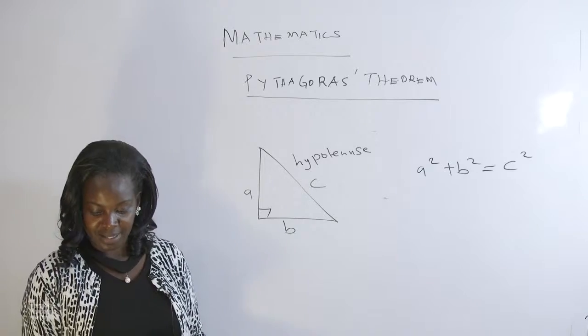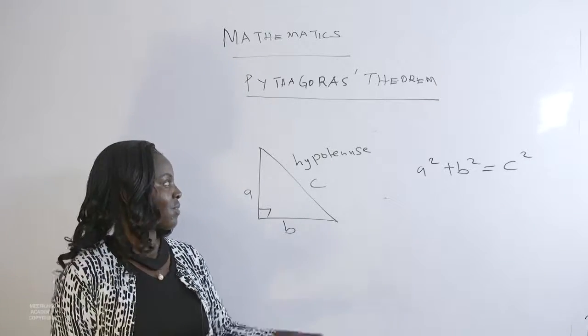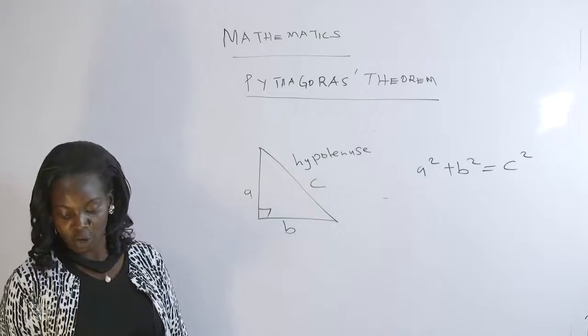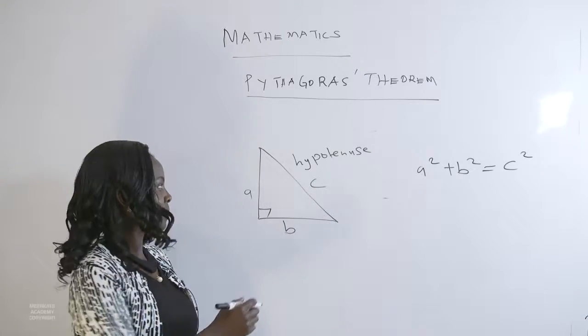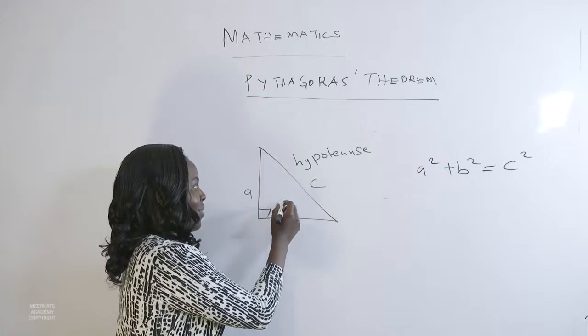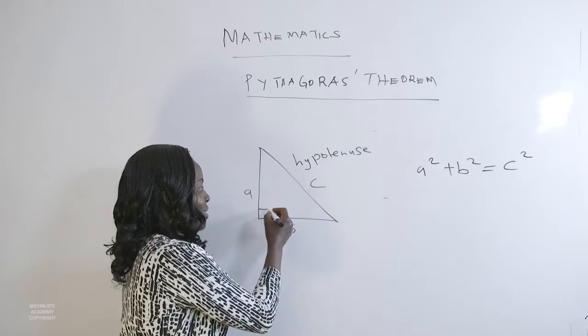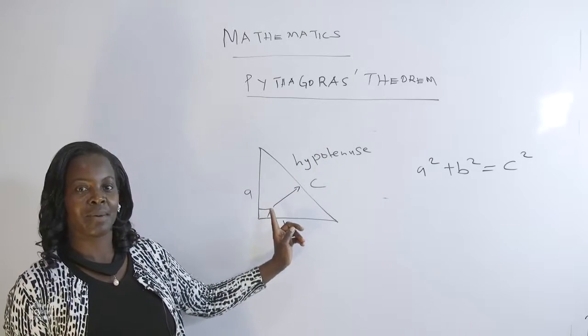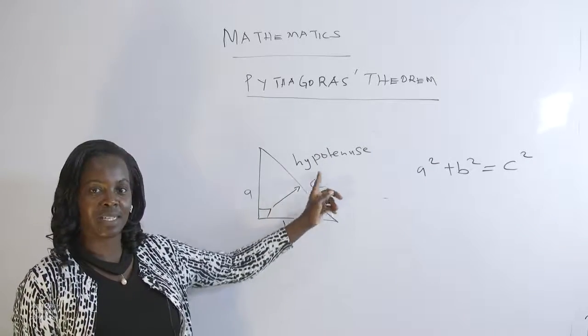Hypotenuse refers to the longest side of the right angle triangle, and it is opposite the right angle. This is the hypotenuse and this is the right angle. So the right angle and the hypotenuse are opposite to each other.